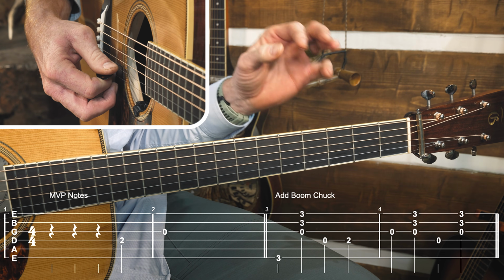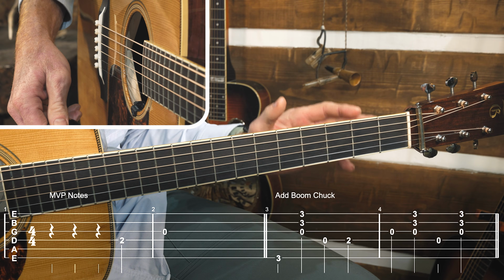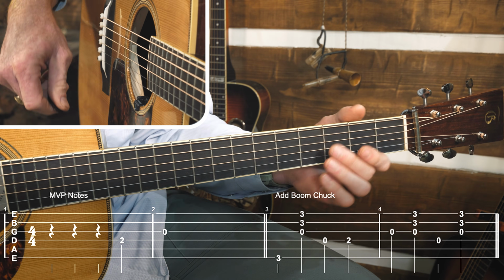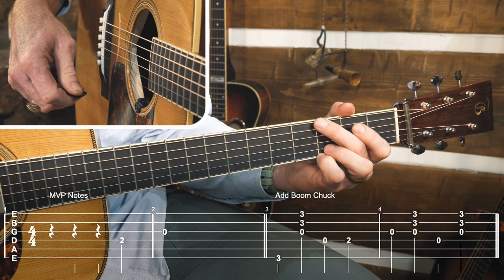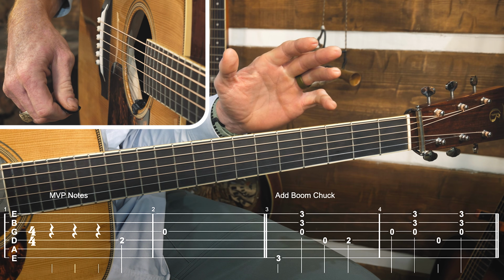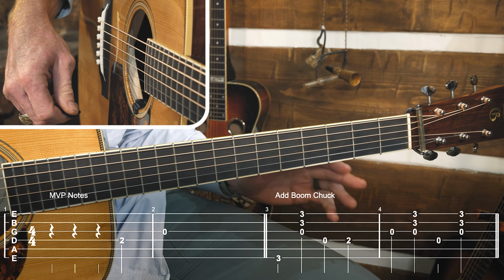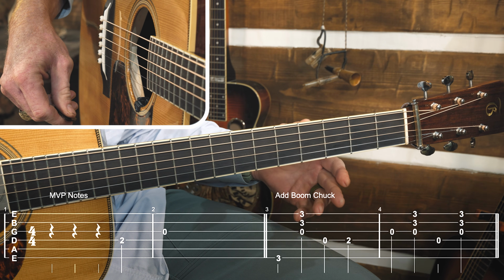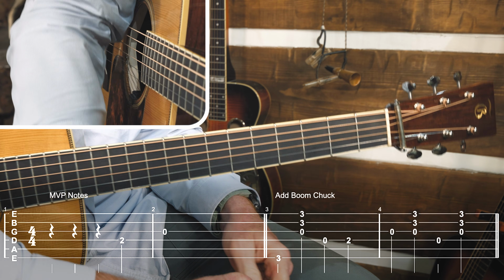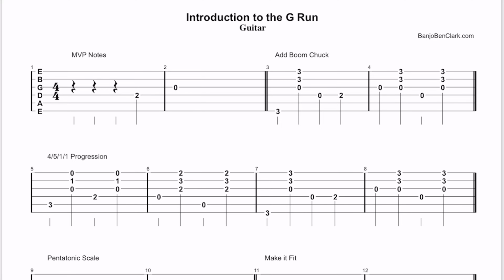Now what I want to do is introduce some very simple boom chuck rhythm that we've covered on the basic rhythm course to let us hear how these MVP notes sound in the context of some other rhythm. And that's what we find in measures 3 and 4. Can you find the MVP notes in measures 3 and 4? Where are they at? They're right here in the middle, right?